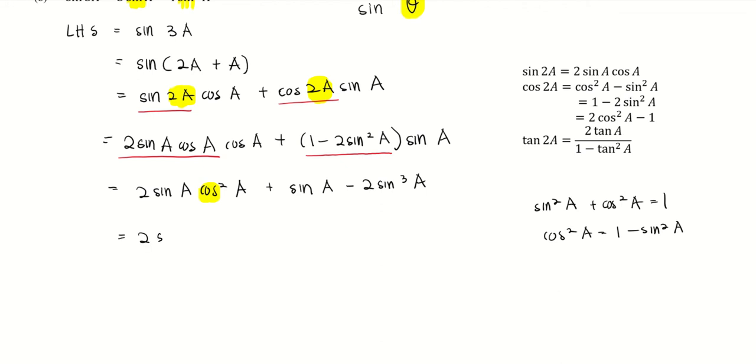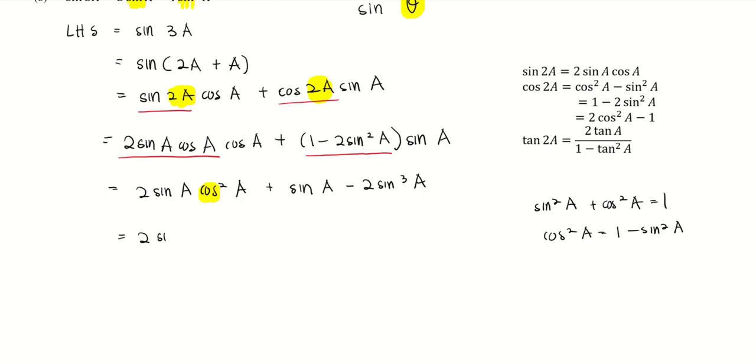So 2 sin A, and then cos squared A is 1 minus sin squared A, plus sin A minus 2 sin cubed A. And then we can expand this.